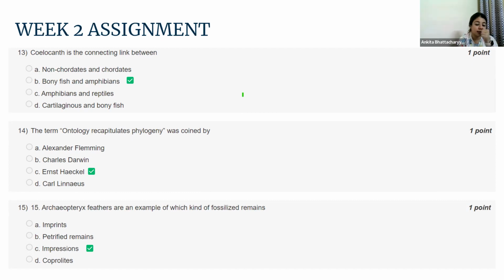Ontogeny and phylogeny are two terms that you need to understand first. Phylogeny means the evolutionary relationship, how an organism has evolved over a period of several hundred millions or billions of years. Whereas ontogeny is the developmental process that an organism undergoes.